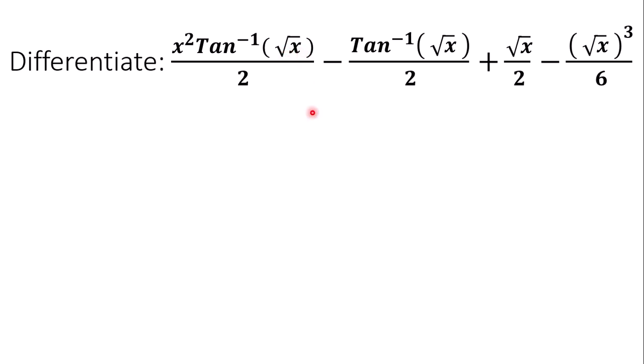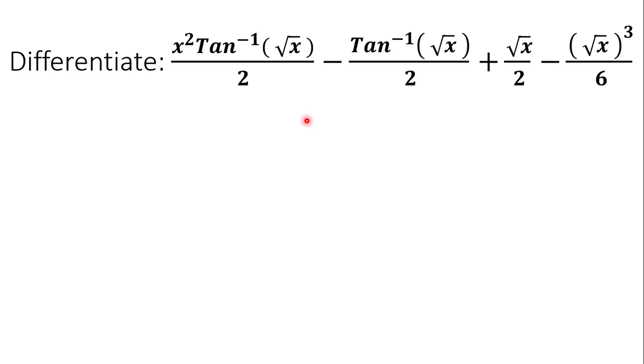Now, in that previous video, we integrated that particular problem, and this whole thing here is the answer that we had to it. And remember, in that video, I said that we are going to try differentiating this whole answer to find out if we can get x multiplied by tangent inverse of square root of x back.